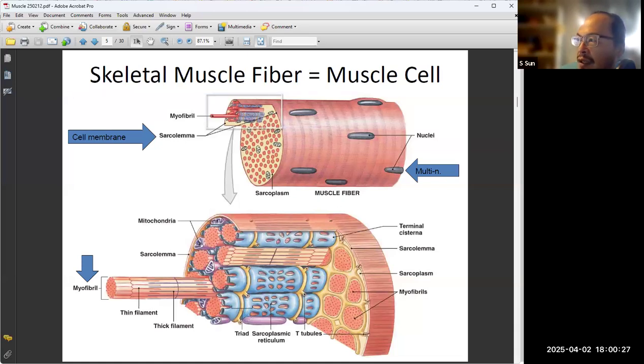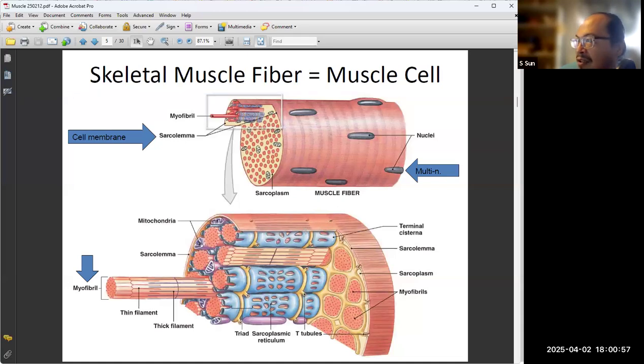Another thing that we can see here is called the T-tubule. Because muscle cell is pretty big, the inside is deep away from the peripheral. This tubule allows communication from the peripheral to enter into it, like a tunnel, a rapid tunnel in a way.